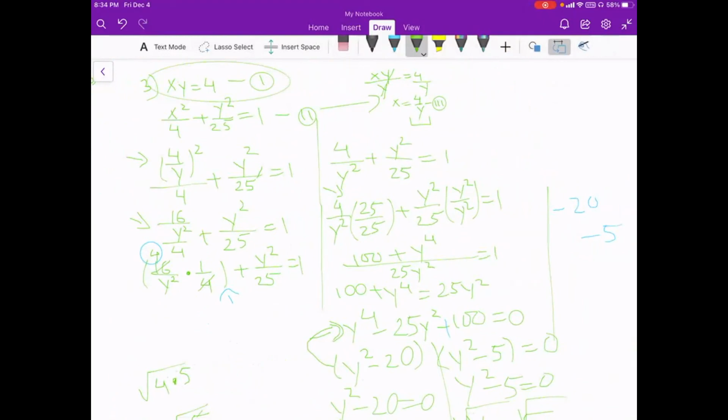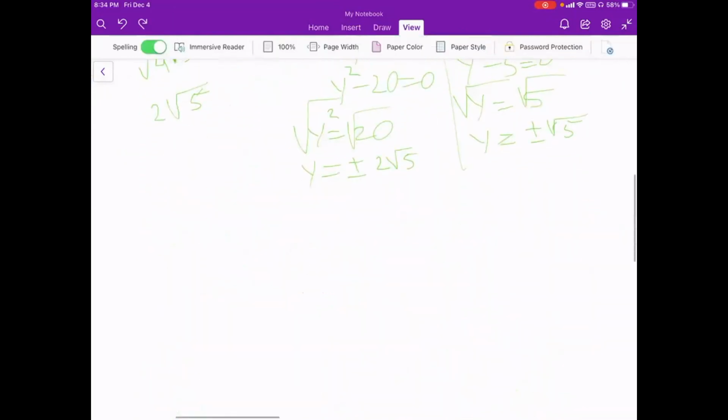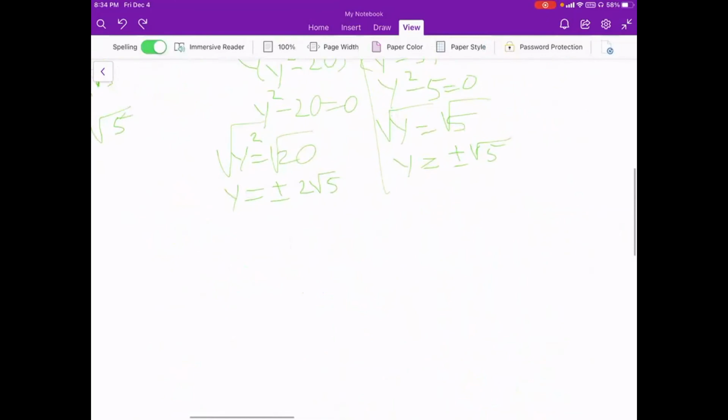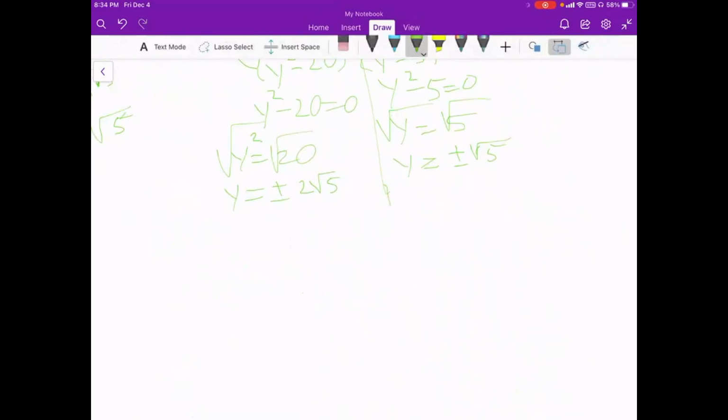I can use that as my equation to plug in my values and then get the x value. So my equation was xy is equal to 4. I'm going to use this side for these 2 values and then use this side for these 2 values.